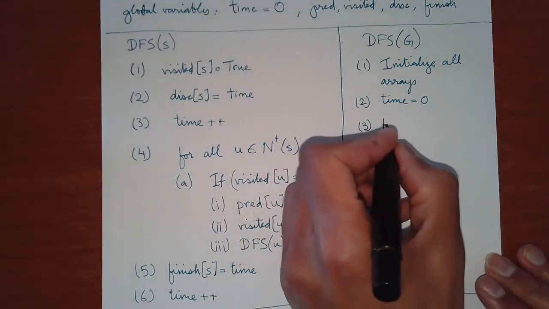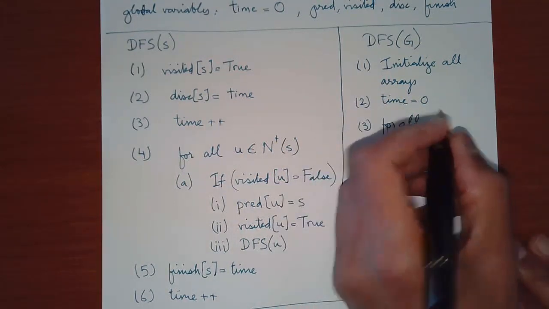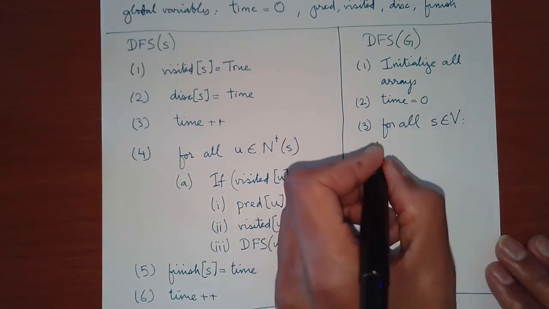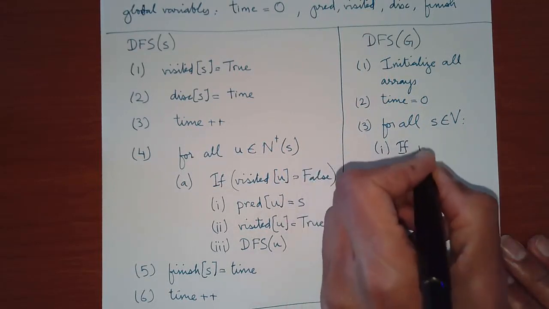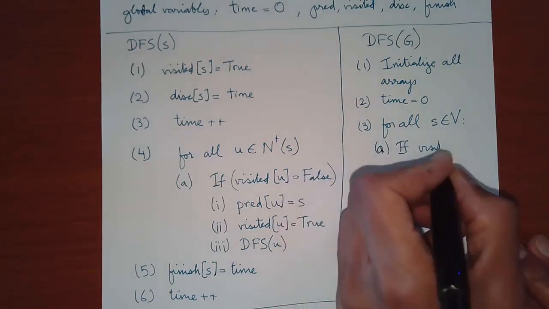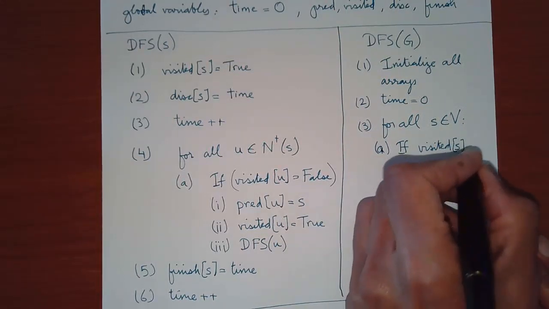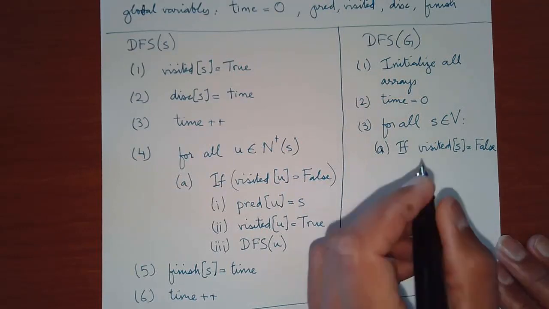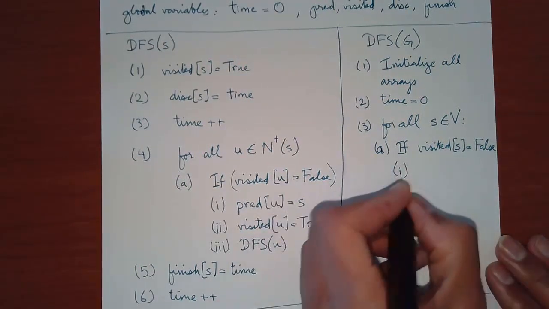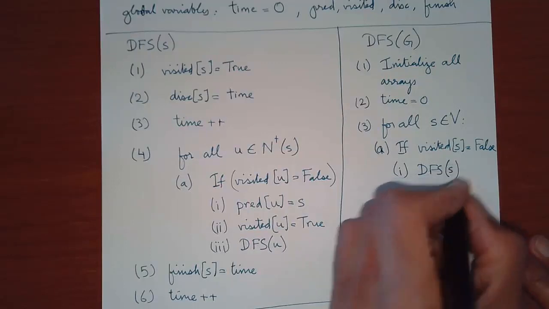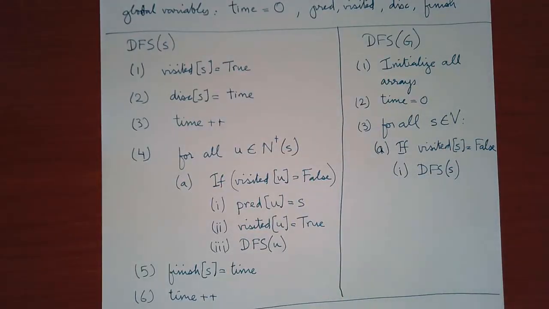And then we'll say for all vertices S, if visited of S is false, then we're just going to run DFS on S. Okay, this is the basic code of DFS. Any questions? I'll work out a little example, and we'll see how this thing goes.